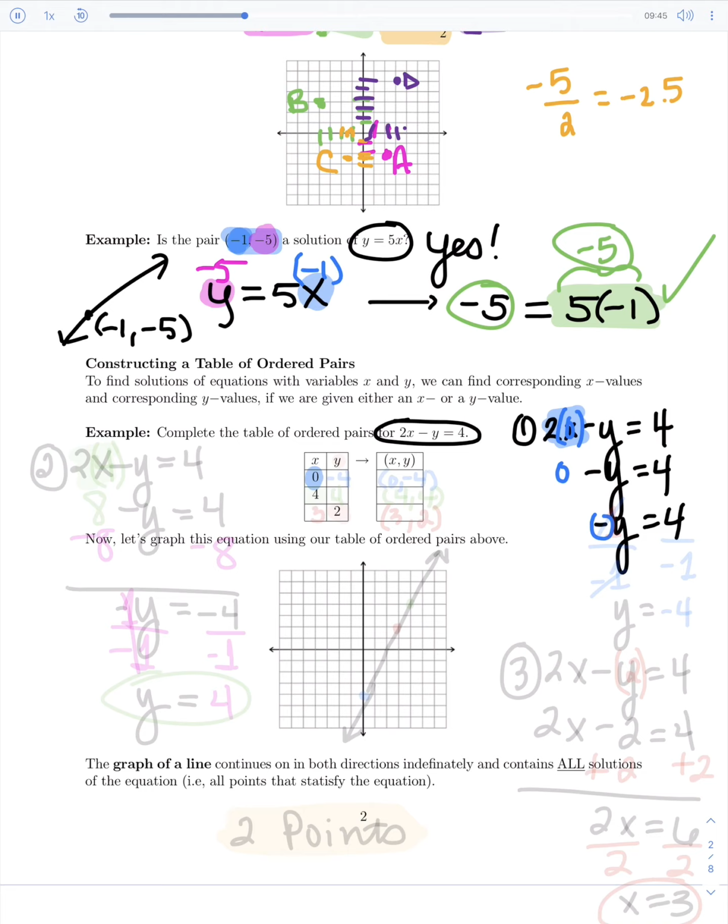Remember, hidden with that negative sign is a hidden 1, so that means we actually have a negative 1 there. To get rid of that negative 1, we'll divide both sides by negative 1. That'll get rid of the 1 and the negative sign, which gives me y equals 4 divided by negative 1, which is negative 4.